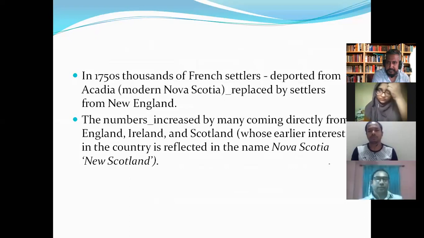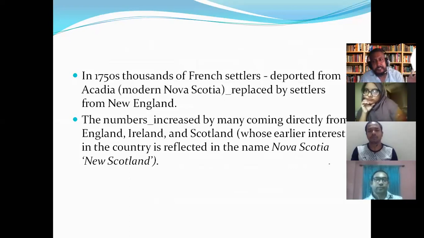Nova Scotia is the name of a Canadian state. So in the 1750s, when British people defeated the French and also the Indian people, many people who had been living in Nova Scotia were driven away, and the English people started living in this area, that is Nova Scotia.